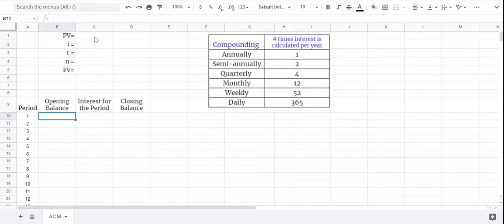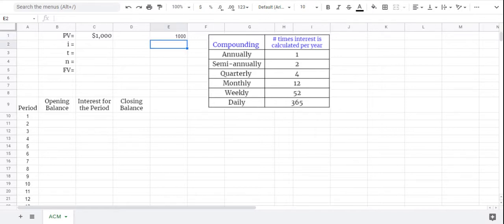So let's create an example. And let's imagine that we're going to start with an example that has $1,000 present value. I'm going to enter that. By the way, it's possible that this is already formatted. If it's not formatted, I'm going to do an example here on cell E1.